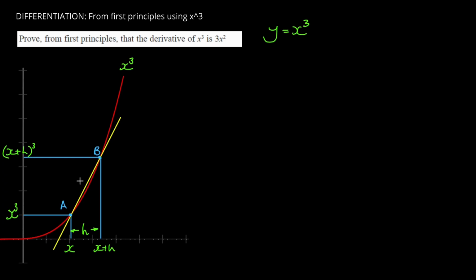Well, the gradient is rise over run, which in this case, the rise is this y value minus this y value. So it's x plus h all cubed minus x cubed. And this is divided by the run. Well, the run is simply h. We've got to multiply this out.